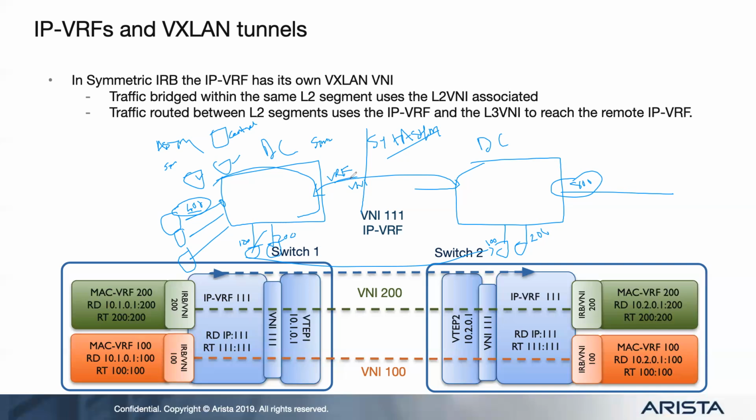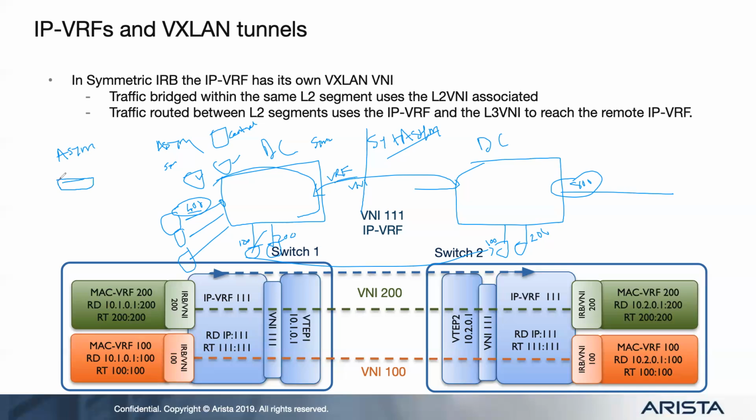Hey Vishal, just clarify something again. The /24 route, when did we learn it? Are the VTEPs going to advertise to each other once you configure the VRF? In asymmetric, we were not learning type 5 routes.